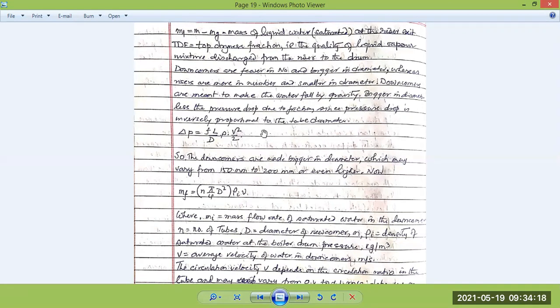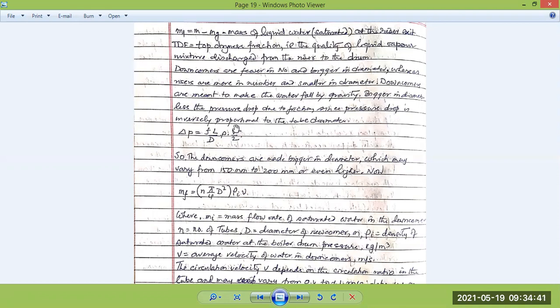The bigger the diameter, the less the pressure drop due to friction. So the pressure drop is inversely proportional to the tube diameter.